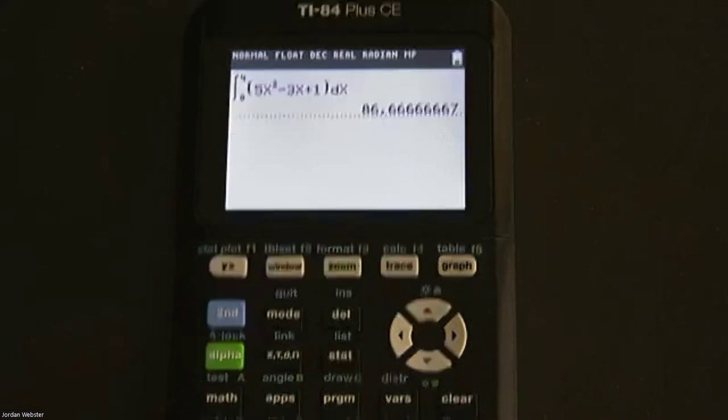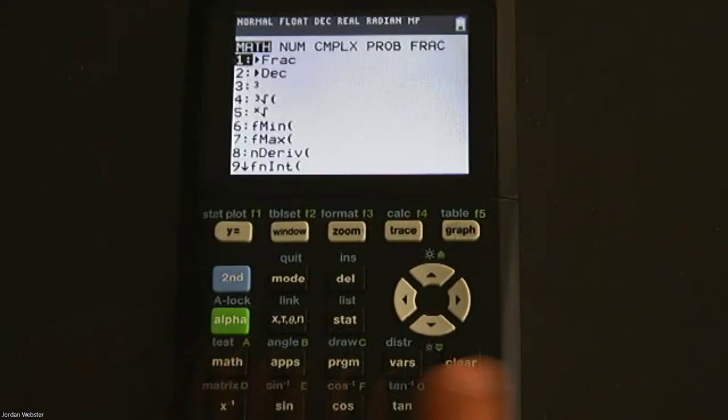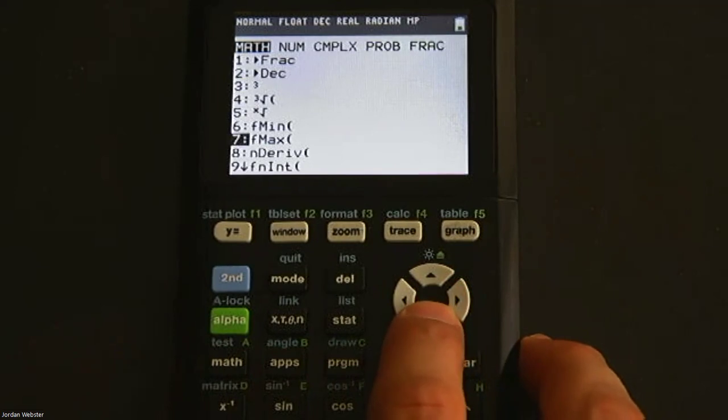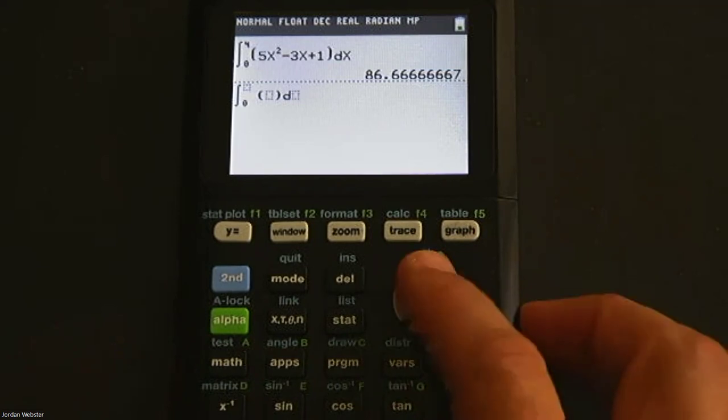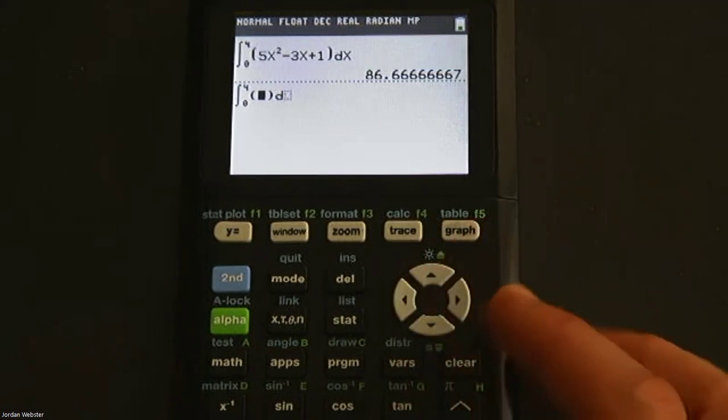Now I'm going to do the exact same thing. I'm going to hit math. Down here at number 9, that's function integrate, 0 to 4.